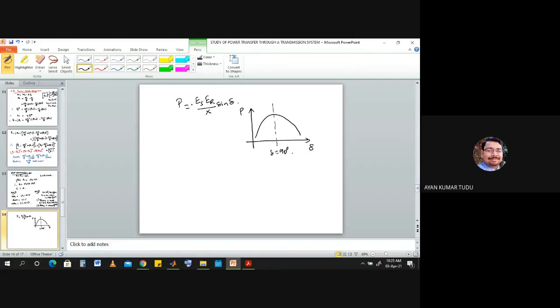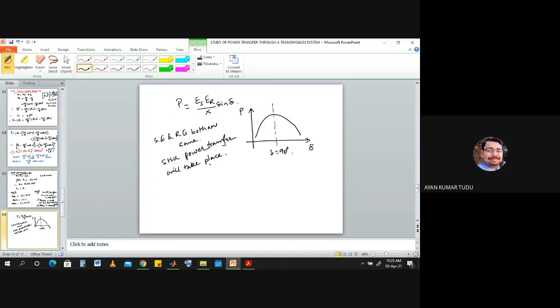So what we are inferring from this expression and the result that we are getting is that even if the sending end and receiving end voltages are both the same, power transfer will still take place in a transmission line.